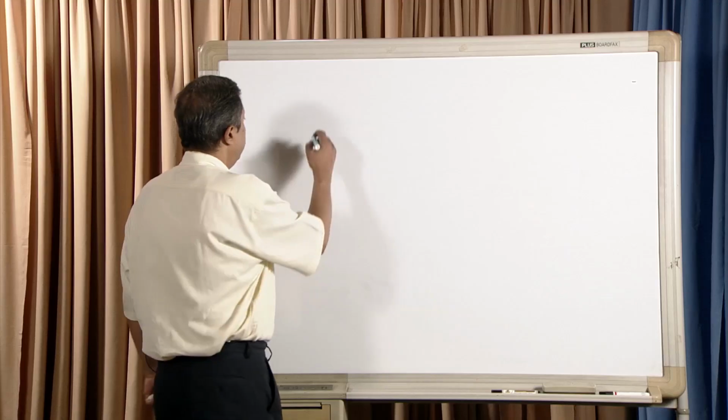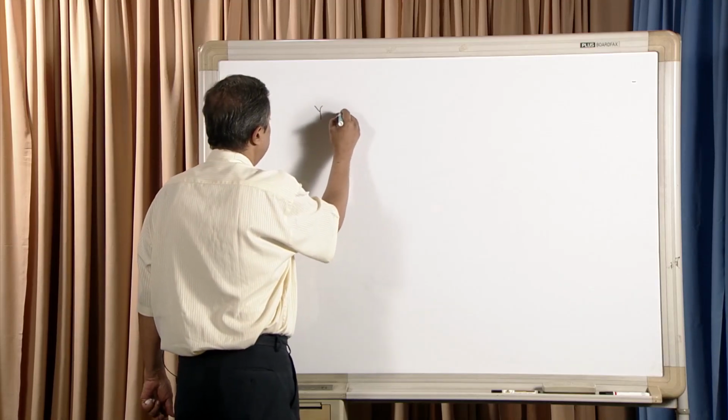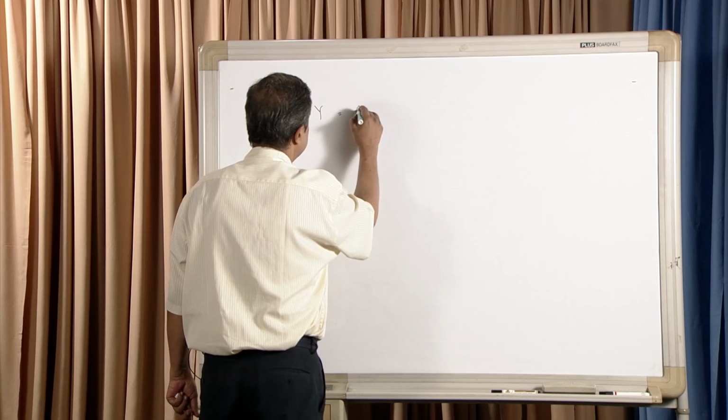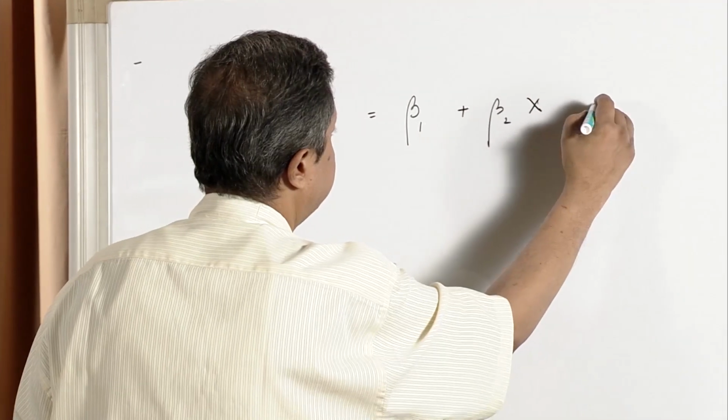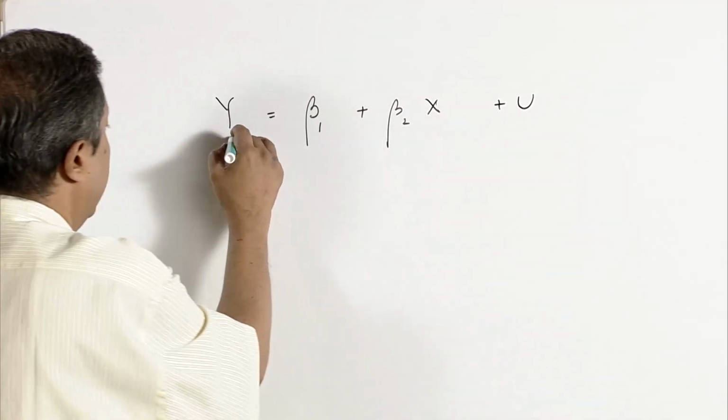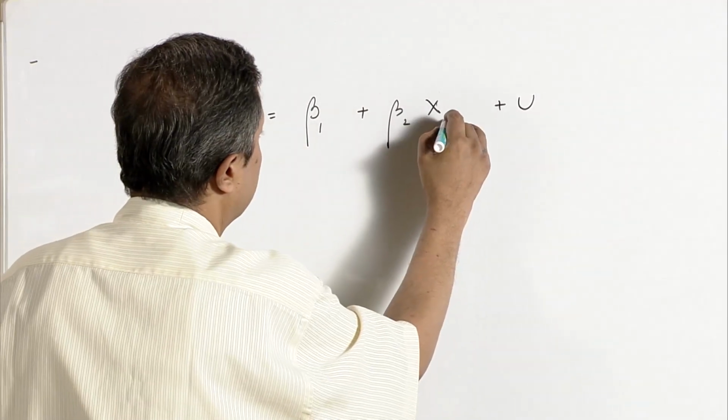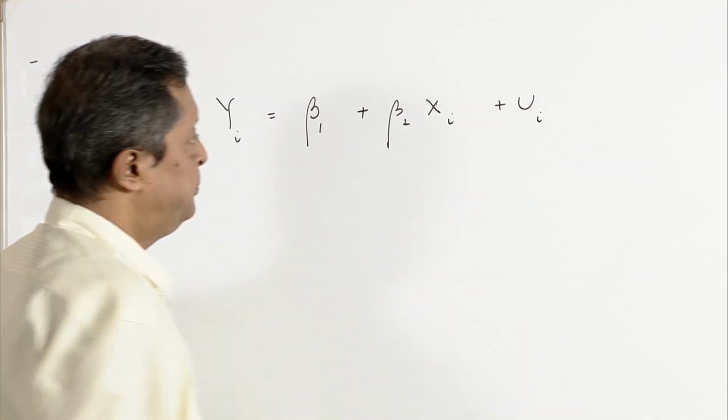Viewers, now we will incorporate dummy variables in a model where we have quantitative regressors as well. So, we begin with y being regressed on a variable x. So, yi equals beta 1 plus beta 2 xi plus ui.